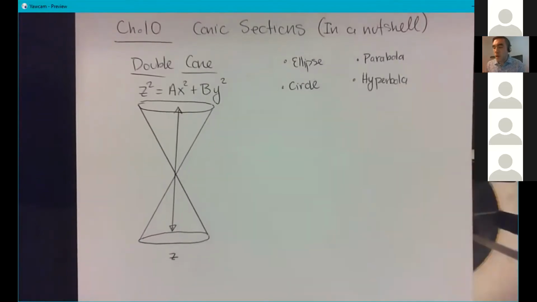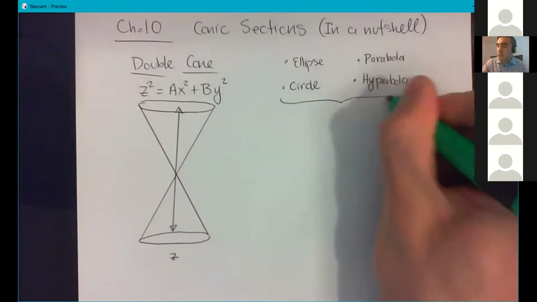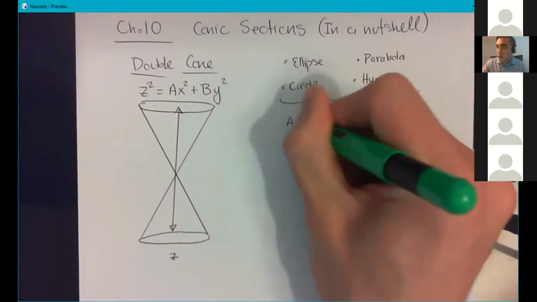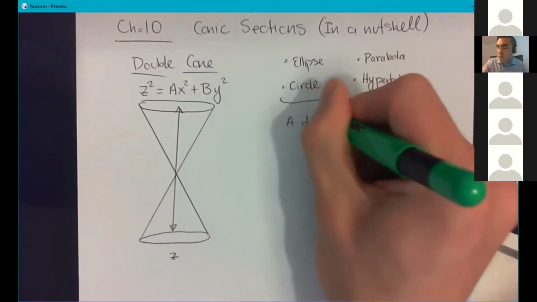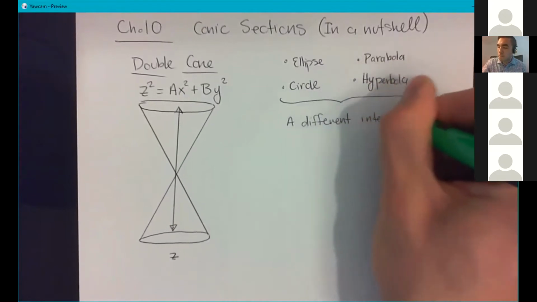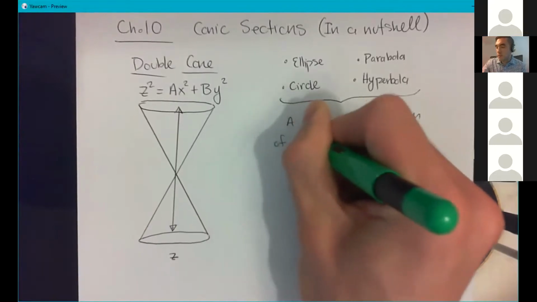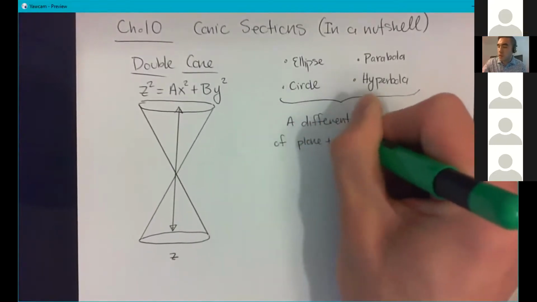The deal with this is that all four of these functions sit down on a 2D plane because each one of these is just a different intersection of plane and double cone.